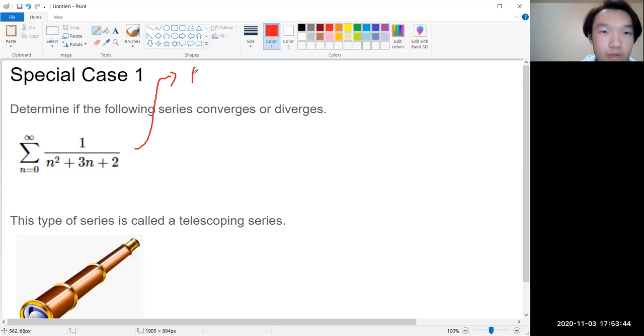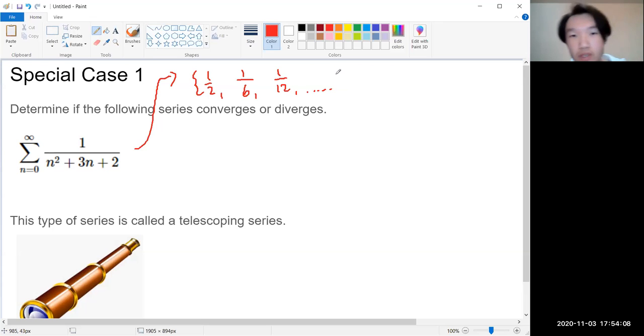The first number is when n is 0, which gives you 1 over 2. The next number is when n is 1, so that gives you 1 plus 3 plus 2, 1 over 6. The next number is 4 plus 6, so 1 over 12.